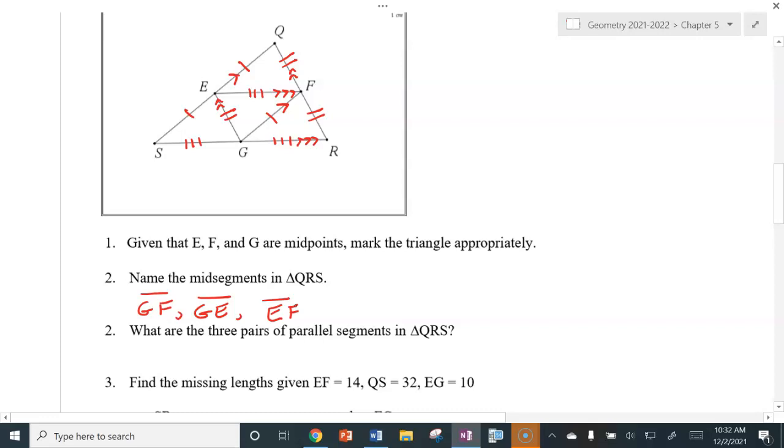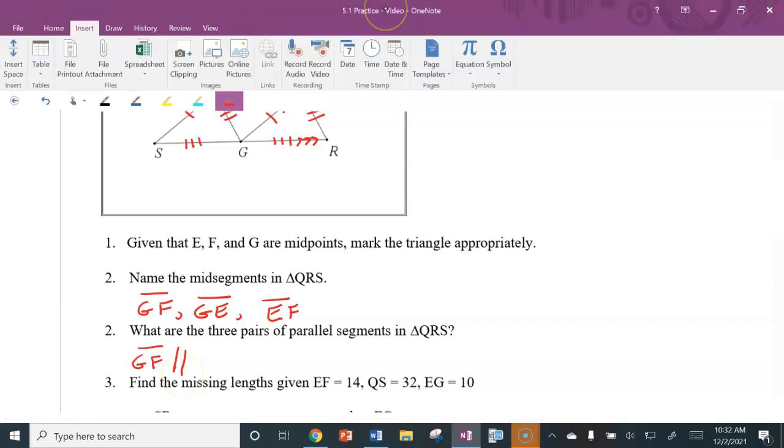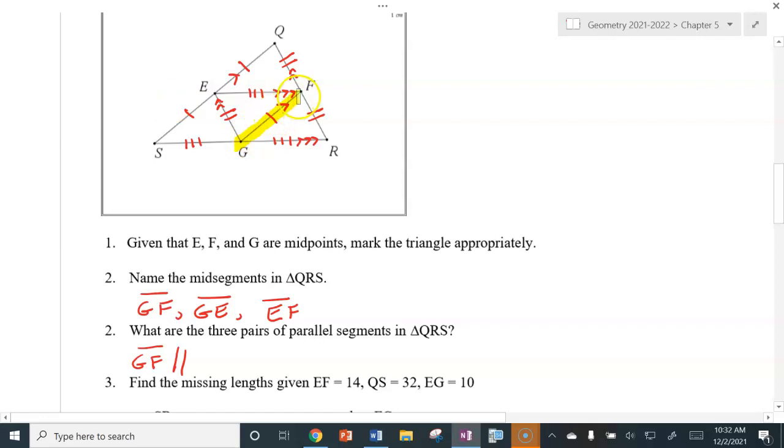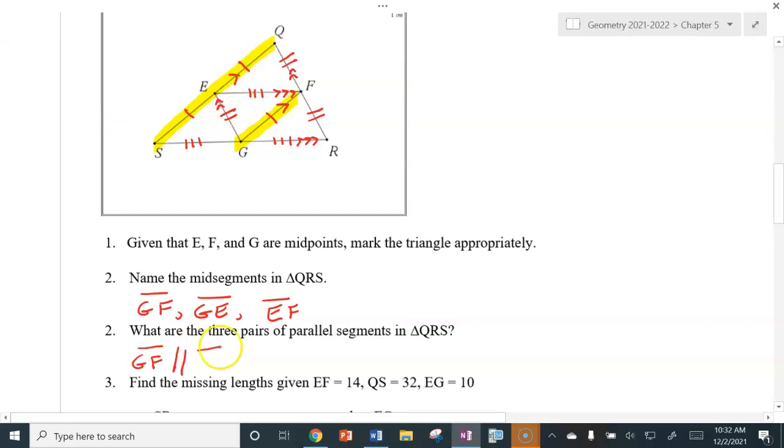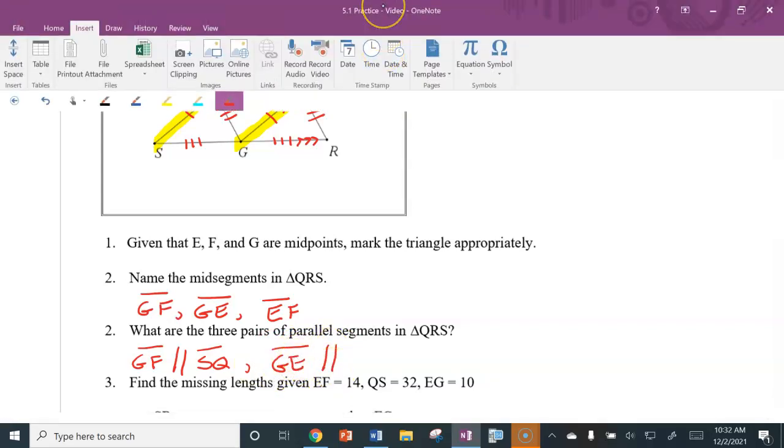And then it says, what are 3 pairs of parallel segments in triangle QRS? So again, we're just going to look at our picture and see what we marked parallel. Line segment GF, I'm going to go ahead and highlight that. That's parallel to line segment SQ. The next one I'm going to do is line segment GE and see who that's parallel to.